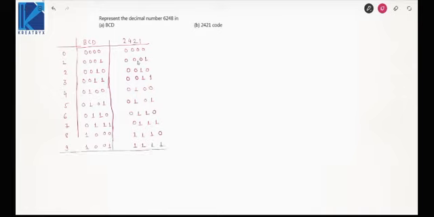So that is how you represent all decimal numbers in BCD and 2421 code.